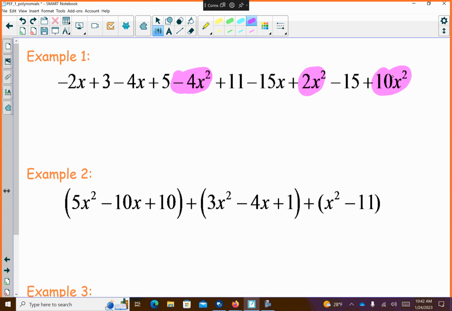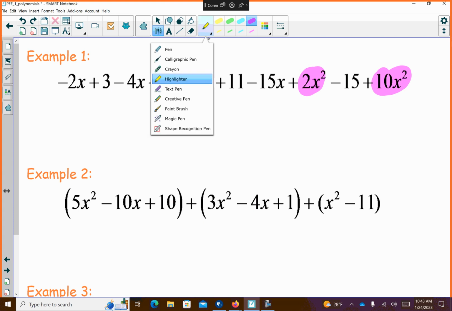Because they're the leading. They're all base to the second, quadratics. Okay, so notice all 3 of those things I highlighted in pink. They all have an x, and x has an exponent, the power of 2.